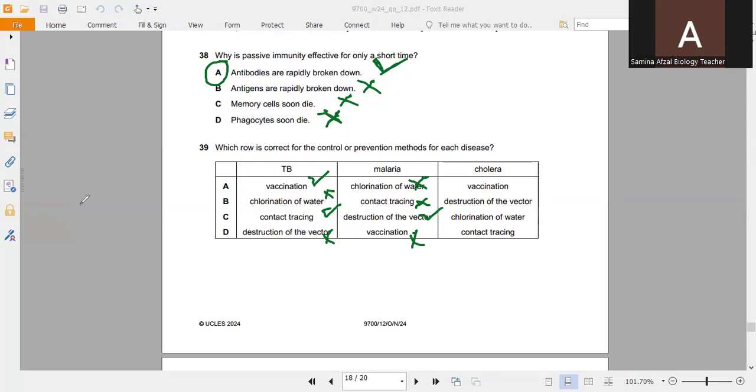And cholera: vaccination, destruction of the vector, chlorination of water. Yes, this is the disease which is transferred by contaminated water and food. So C is the correct option in this case, for question number 39.